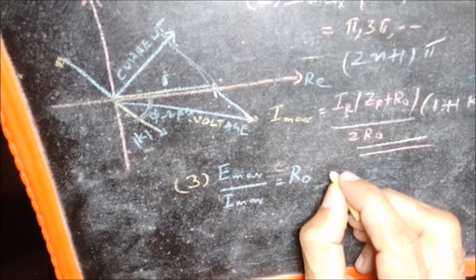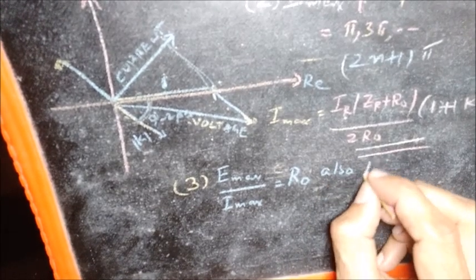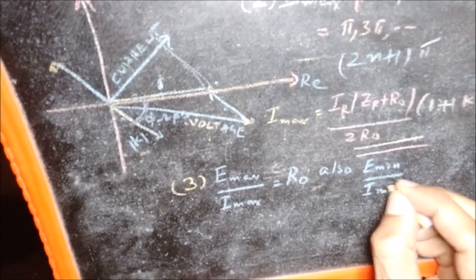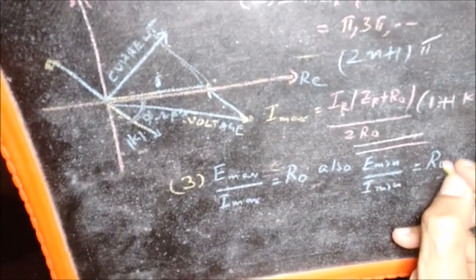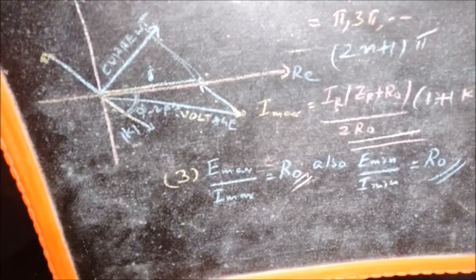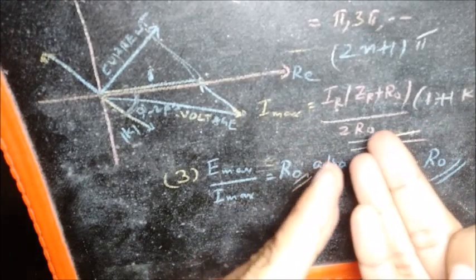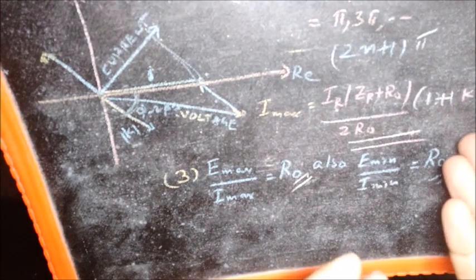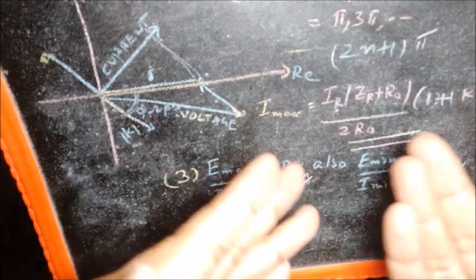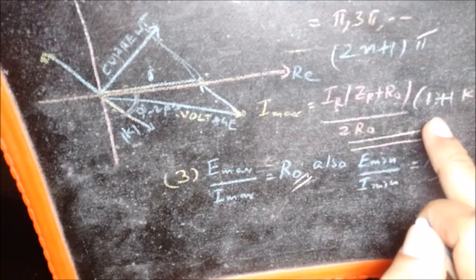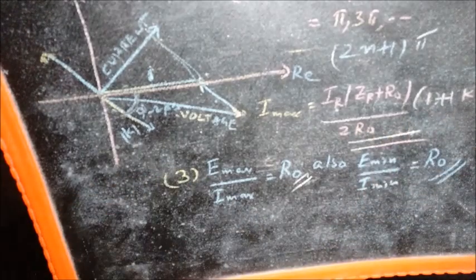Also, E min by I min is also equal to R naught. Now, why is it so? It's quite obvious. In terms of I min I can explain: I min will be identical to this, except this will be 1 minus k. And E min will be identical to this without an R naught, and 1 plus k becomes 1 minus k.